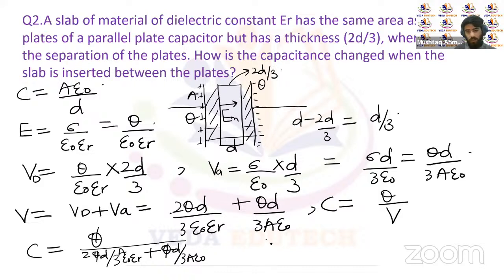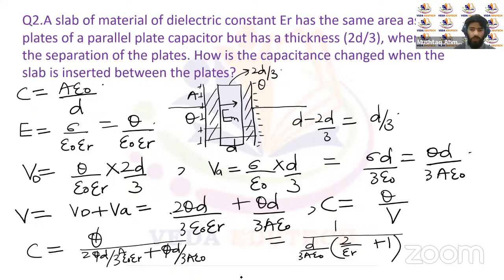We can take d upon 3A epsilon naught as common. We'll be left with 2 upon epsilon r, plus 1.